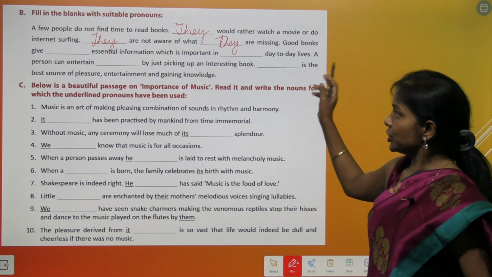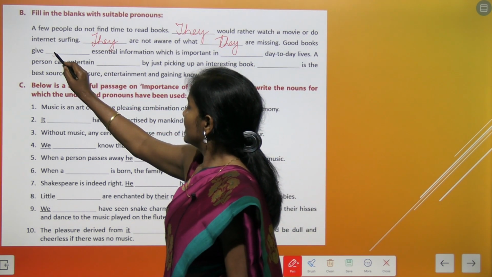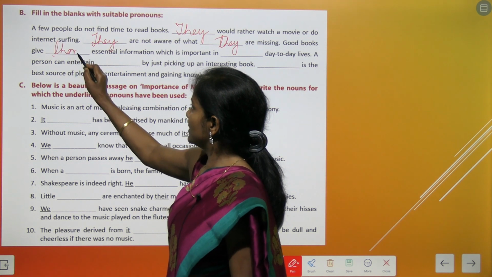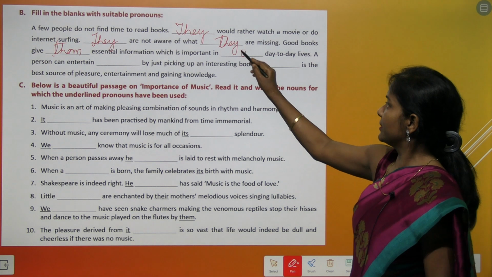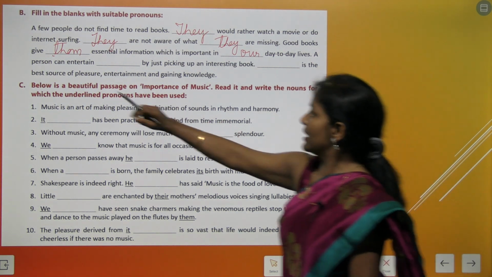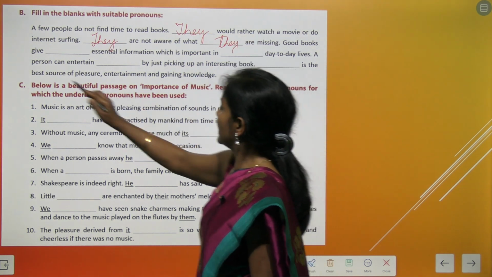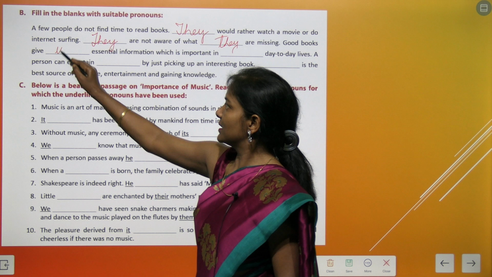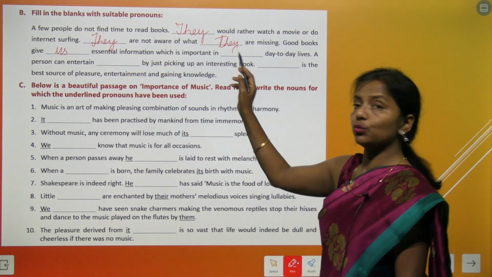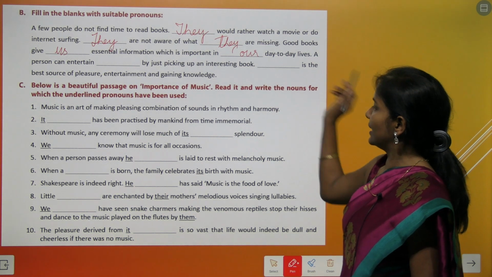Okay? Good books give us essential information which is important in our day-to-day lives.